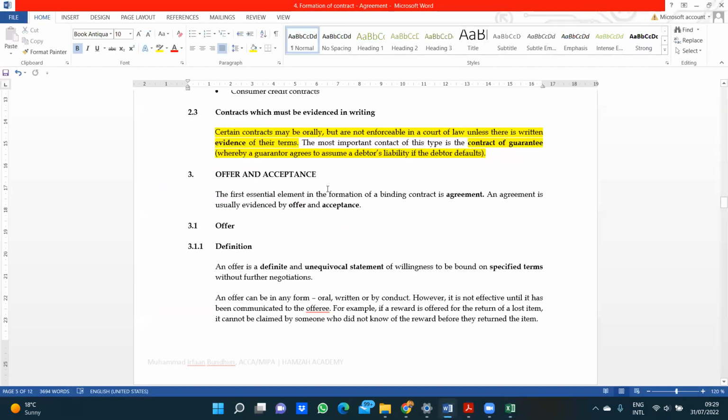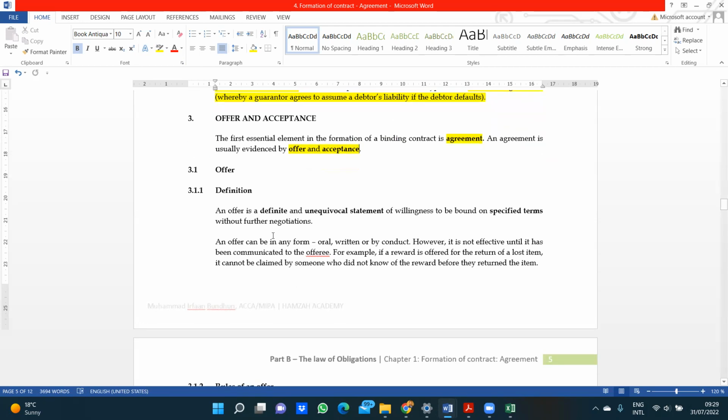The first essential element in the formation of a binding contract is agreement. The agreement is usually evidenced by offer and acceptance. So, for an agreement to occur, one party has to provide an offer and the other party has to accept the offer. An offer is a definite and unequivocal statement of willingness to be bound to specific terms without further negotiations.